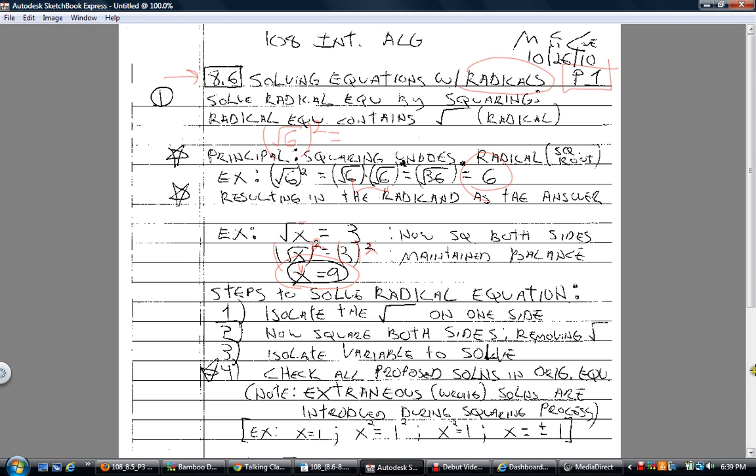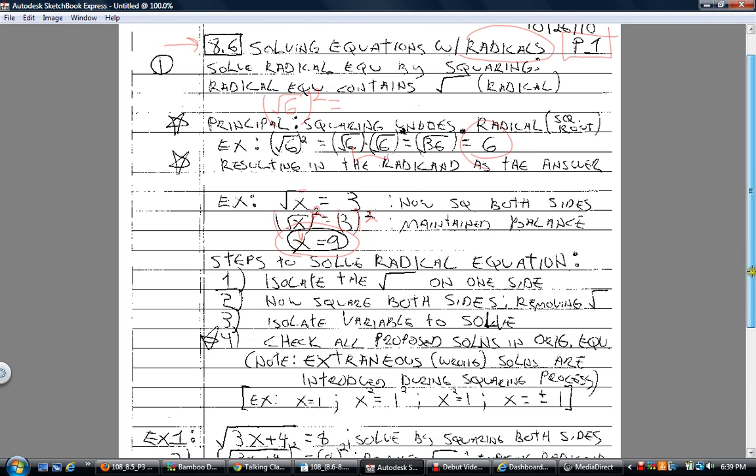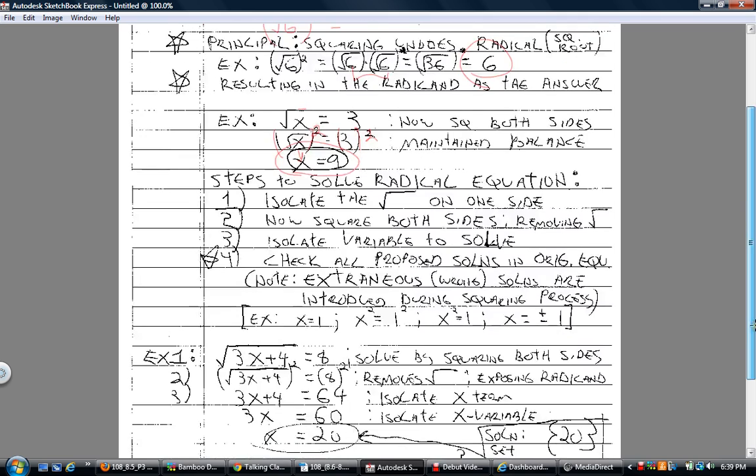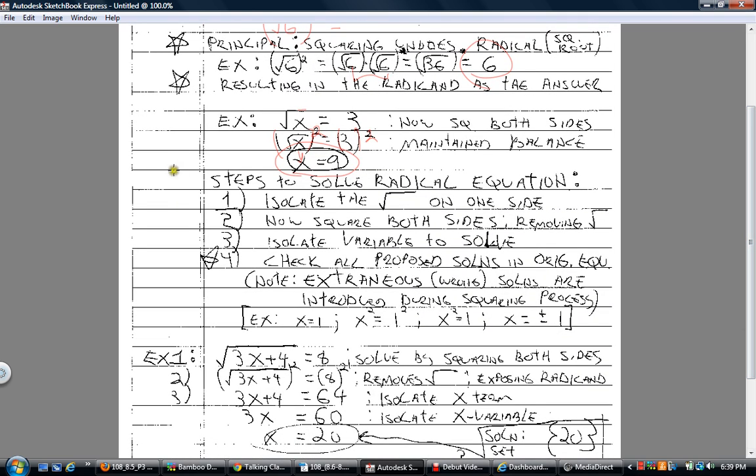So that's the concept, except you're going to see some tougher problems here to get going. Let's review the steps. Number 1, isolate the square root on one side of the equation. Doesn't matter whether it's left or right. You might have another term besides the square root with the variable, so you move it over and isolate the radical. Now square both sides to remove the radical.